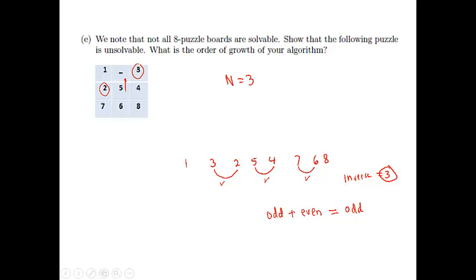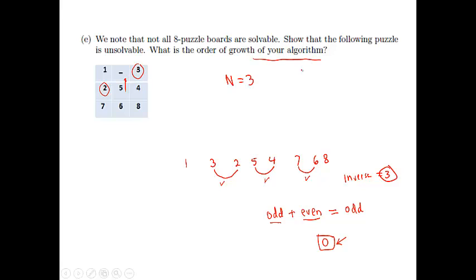And therefore, we have the following. We claim that in order for the board to be solved, the number of inversions must be 0, but we consider 0 to be an even number. If you start with an odd number and keep adding or subtracting even numbers, you can never get to 0. Therefore, this board is unsolvable.